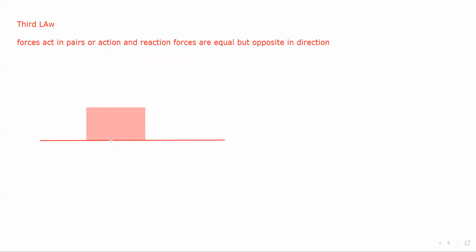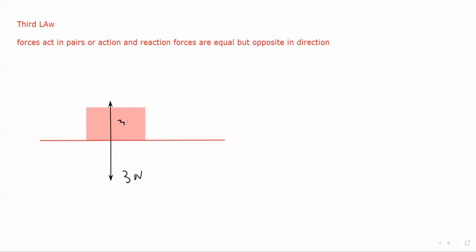So the object will apply a force on the surface. If the object is applying a force of 3 Newton, then according to Newton's third law, as forces act in pairs, the ground will also apply the same force but in the opposite direction.